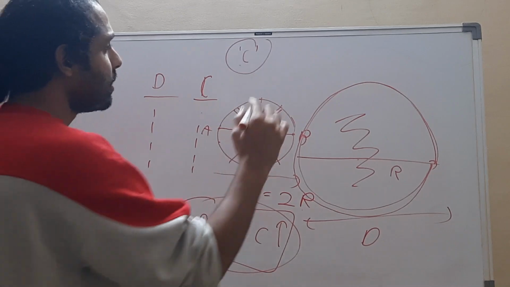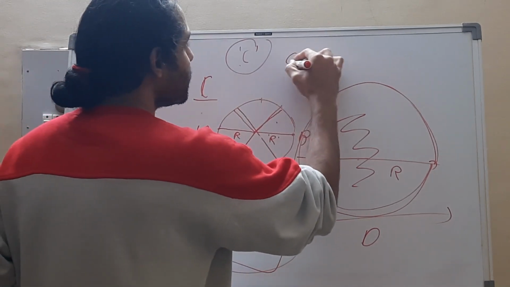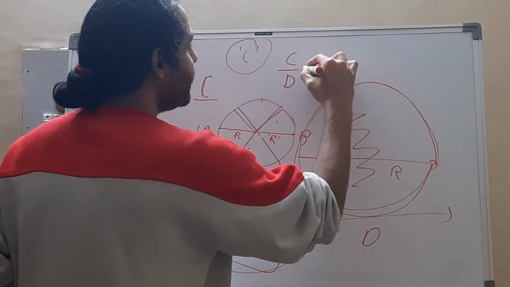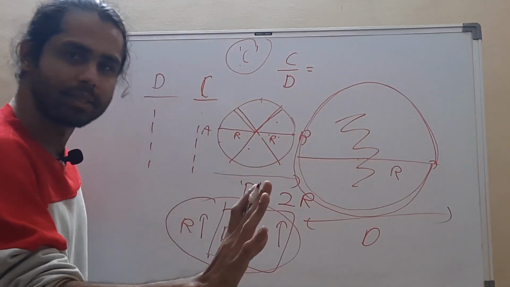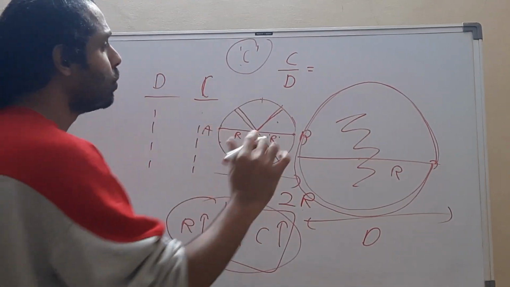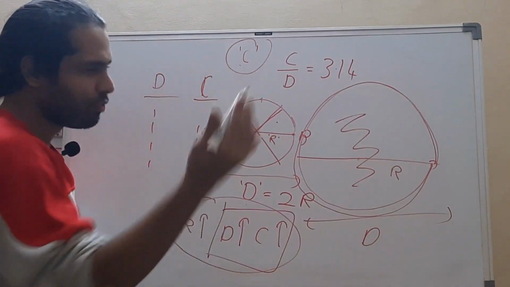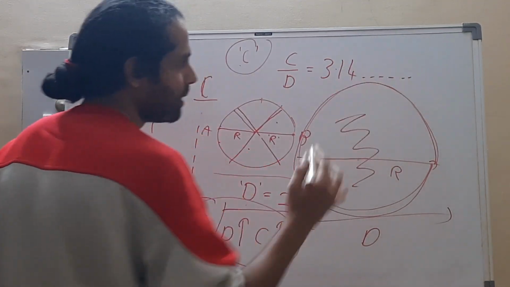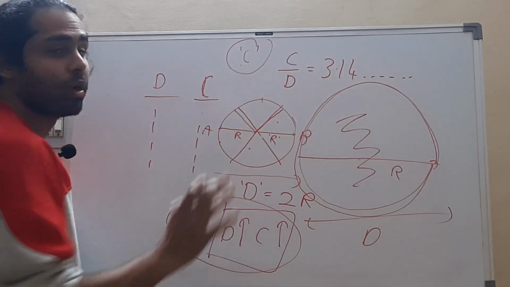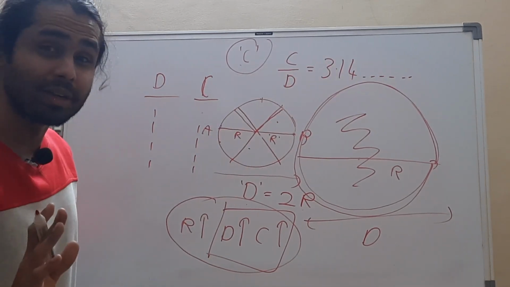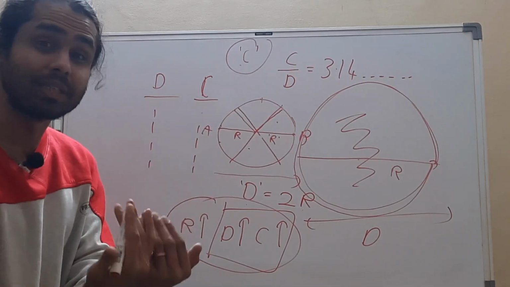And we found out that for any circle, C divided by D will always be equal to this magical number, 3.14. Of course, specifically there are many more decimal digits. We'll take it as 3.14 for now. This is an astounding result, because this tells us something universal, right?